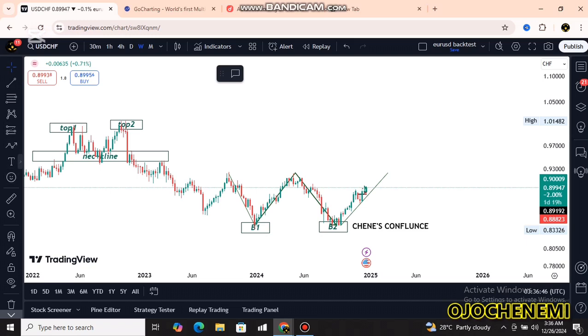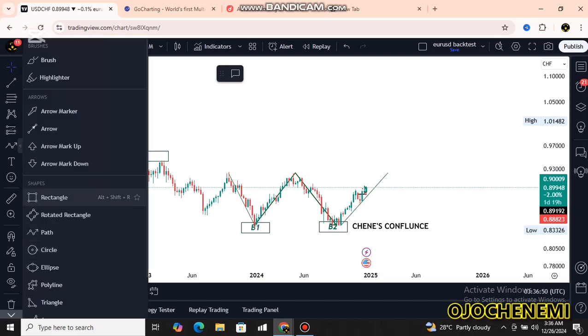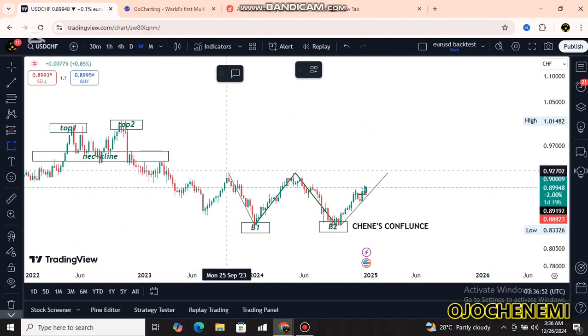So this is it. You can see the double bottom now is forming a W pattern.